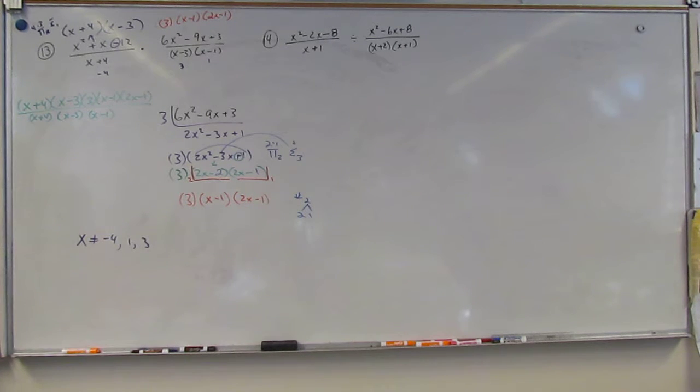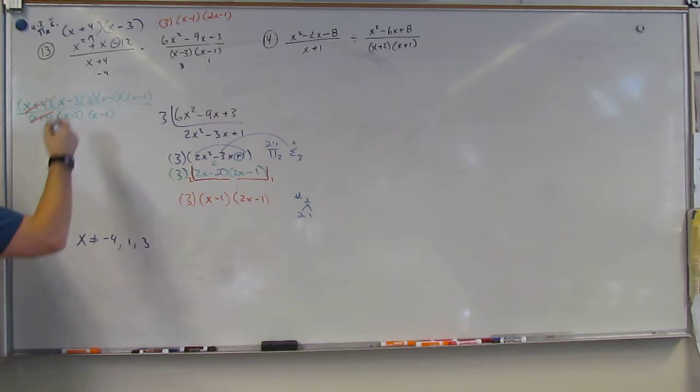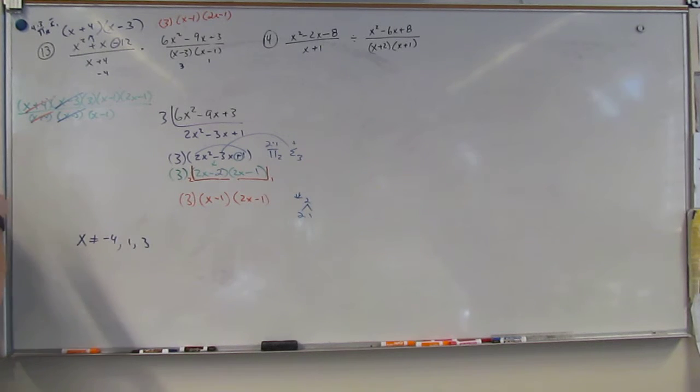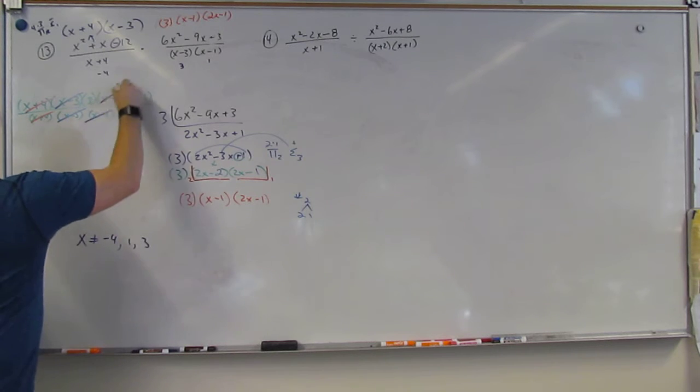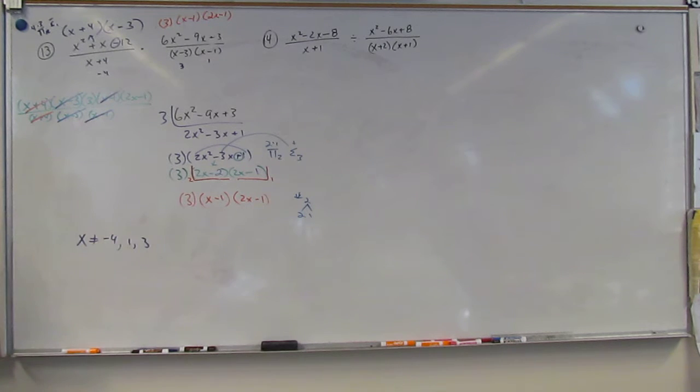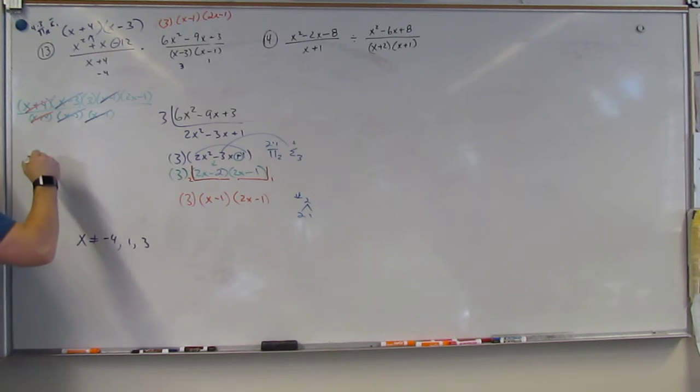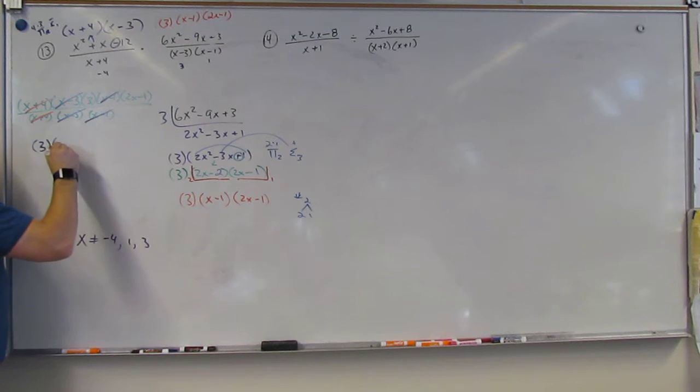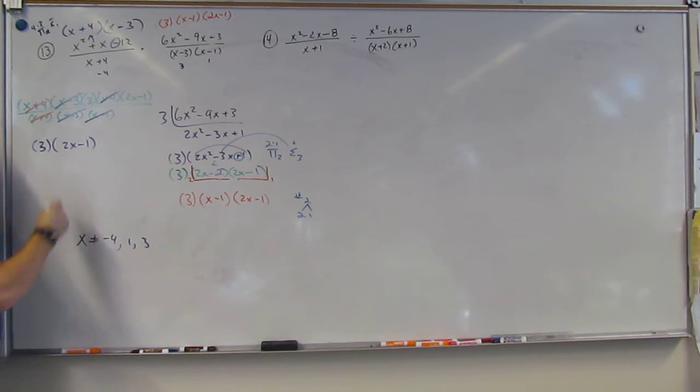And then what can I cancel? X plus 4. What else? All the bottom ones, yeah. X minus 3 and x plus 1. So what that leaves me is 3 times 2x minus 1.